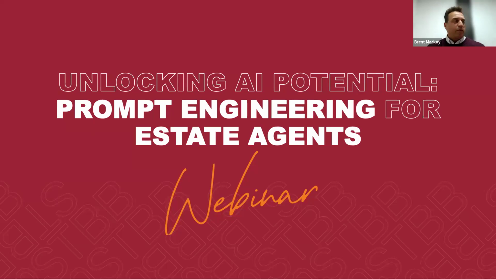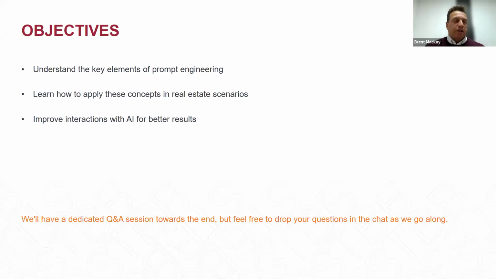Today we'll cover the key elements of what prompt engineering is, learn how to apply these concepts in real estate scenarios, and improve interactions with AI for better results. I'm not going to go through a full list. We unfortunately don't have time to look at all the possible real estate or estate agency scenarios.